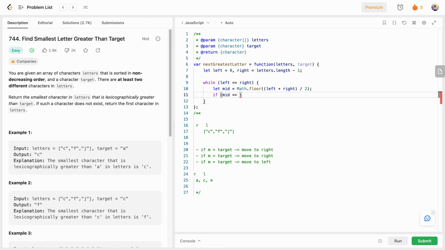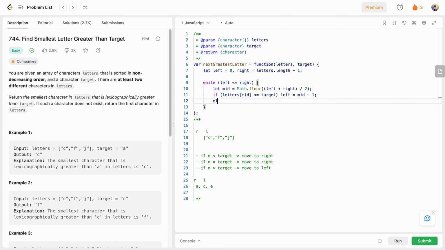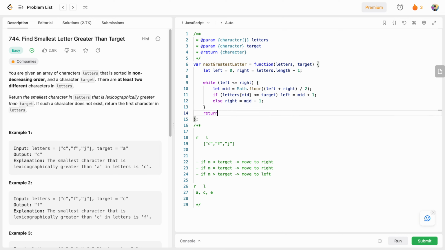So letters at mid is less than or equal to the target, then our left pointer is equal to mid + 1. Else we change our right pointer equal to mid - 1. All right, and finally we return left.